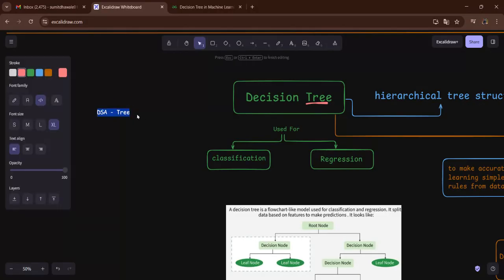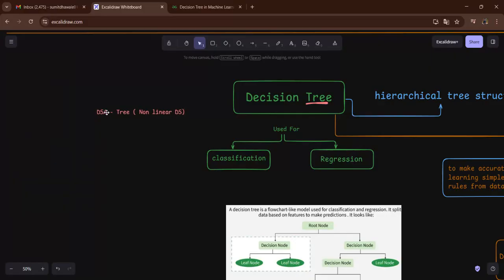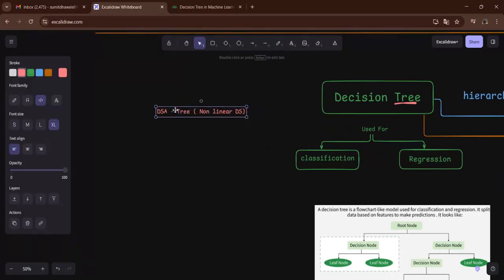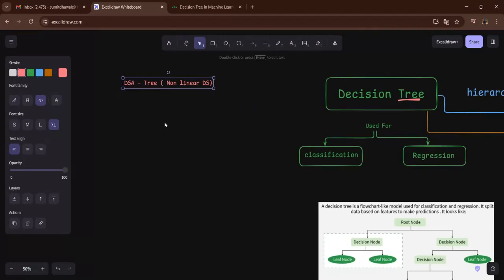As the name suggests, it is totally based on the tree.